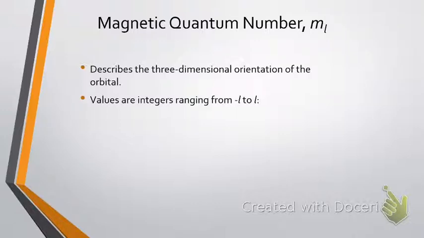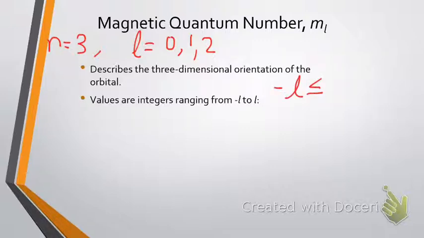So let's do an example. If we go back to our example from before, where n was equal to 3, then the possible values for l were 0, 1, and 2. Here we're saying m sub l goes from negative l to positive l.